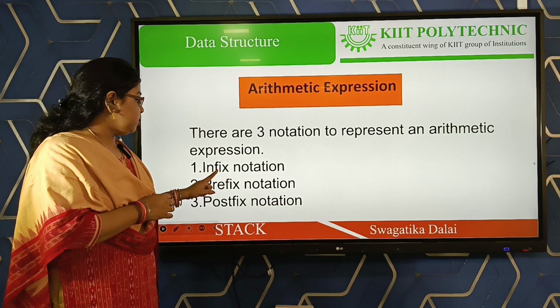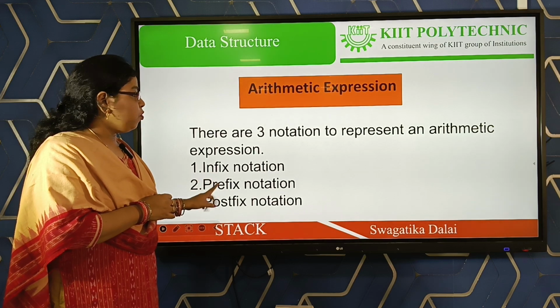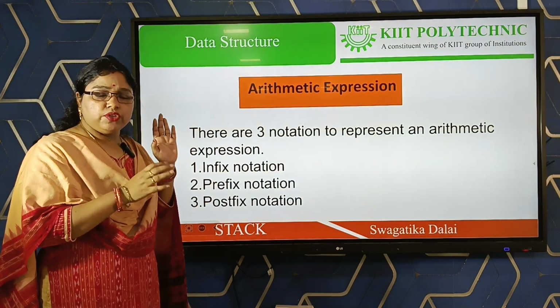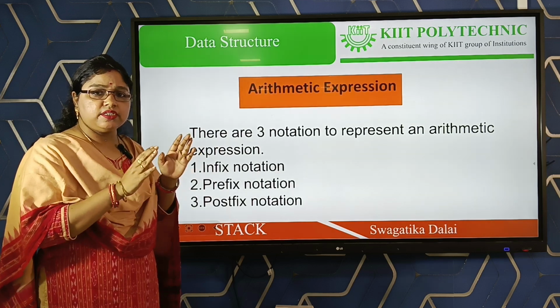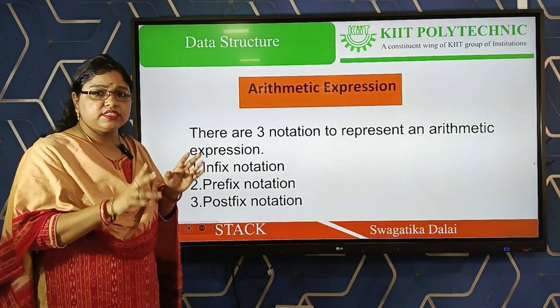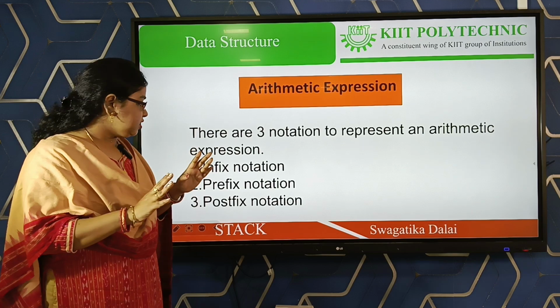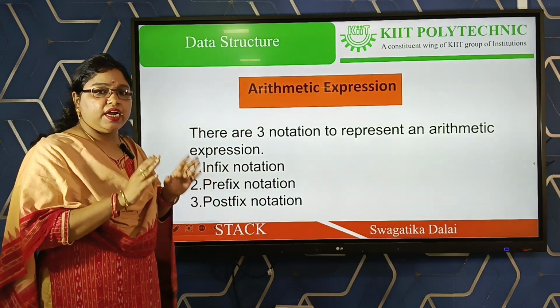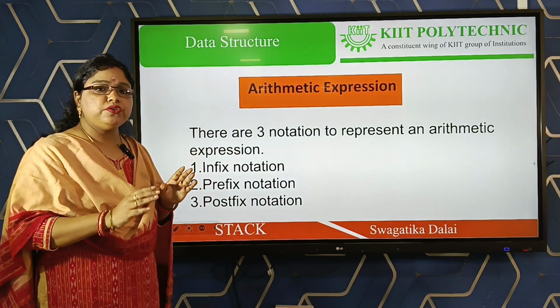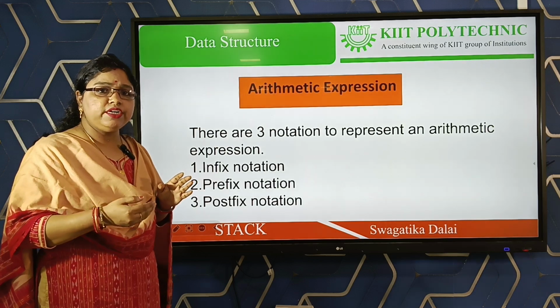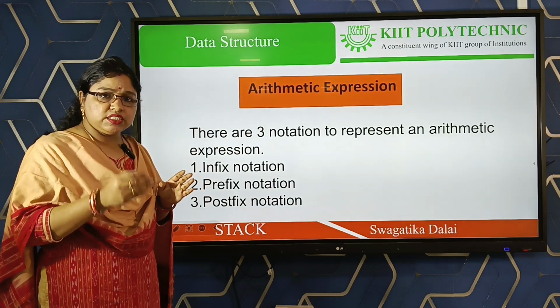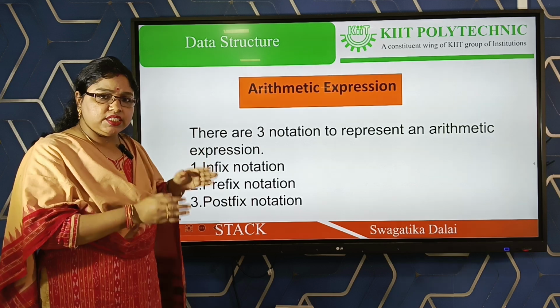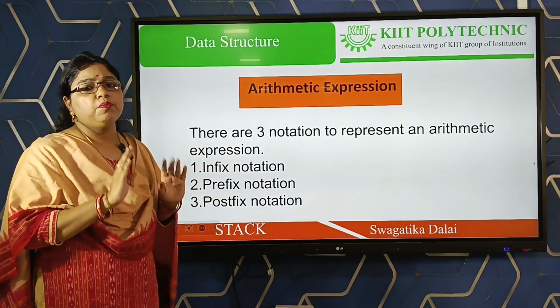The first is infix notation, the second one is prefix notation, and the third one is postfix notation. That means an arithmetic expression can be written using these 3 kinds of notation: infix, prefix and postfix. Before discussing how to evaluate the postfix expression using stack, let me first discuss what is infix, what is prefix and what is postfix expression.